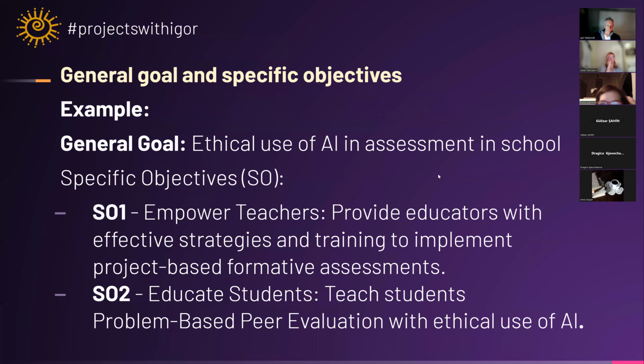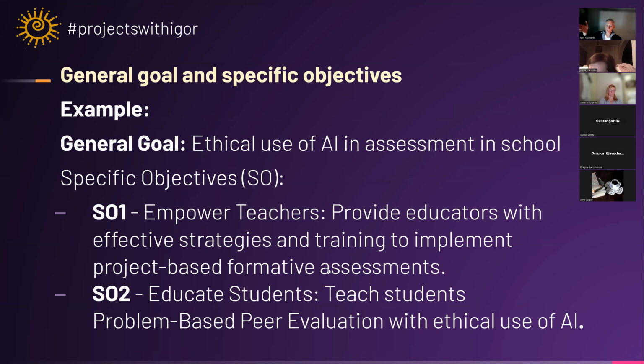And here is an example. You have your general goal, let's say, ethical use of AI in assessment in school. So how you will use artificial intelligence to rate, let's say, the work of the kids in the school. You have a specific objective to empower teachers, so you will provide educators with effective strategies and training to implement project-based formative assessment. Formative assessment, probably you know what that means.